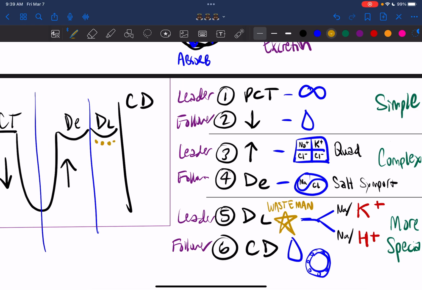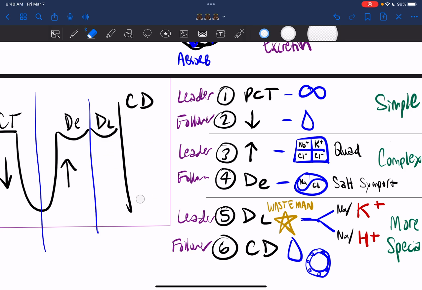The wasteman is here, versus the aquaporins for the collecting duct are here, right? That's true. But there's a lot of overlap, to where some of these wasteman transporters will also be in the collecting duct, and some of these aquaporins will also be in the late distal tubule. So there's enough overlap that they're basically the same region.